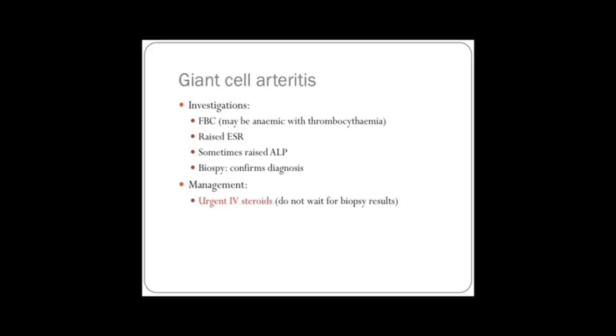Occasionally a raised alk-phos, but it's not sensitive or specific. Temporal artery biopsy can confirm the diagnosis. However, the management does not depend on having a positive biopsy result, and you would treat the patient empirically with urgent IV steroids, so you wouldn't wait for a biopsy result.